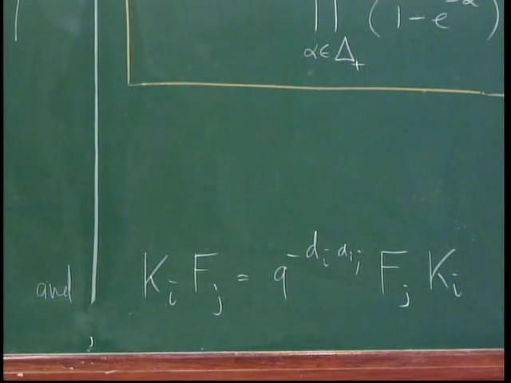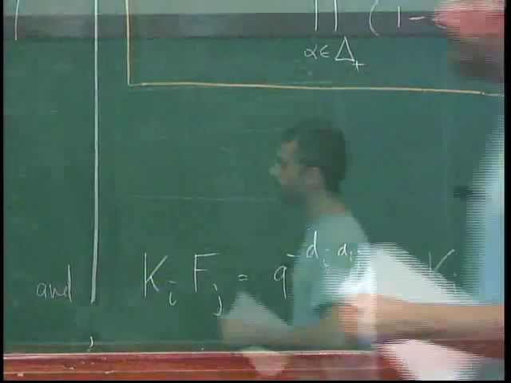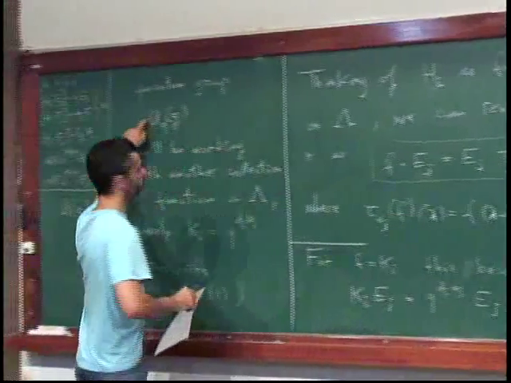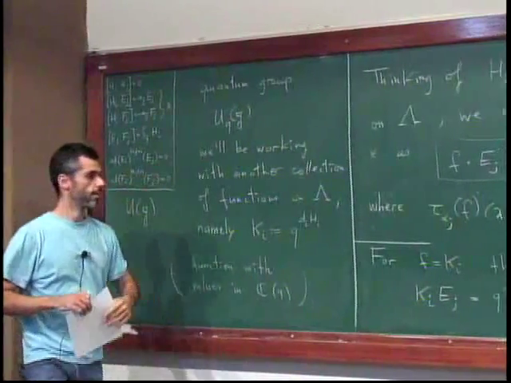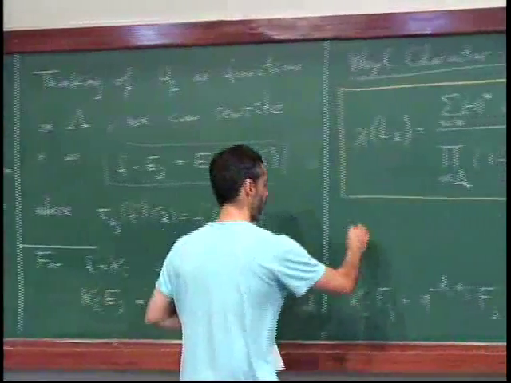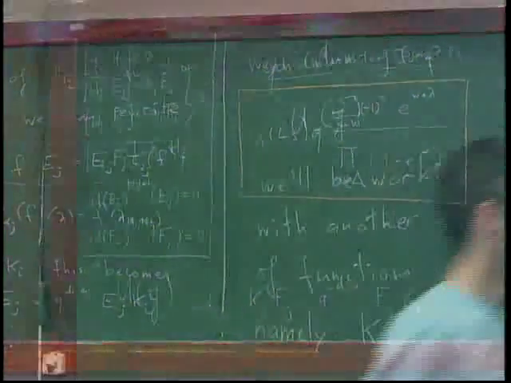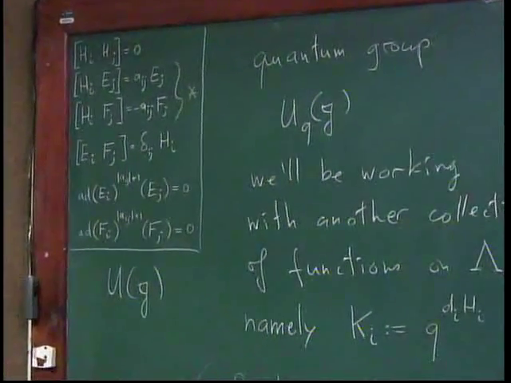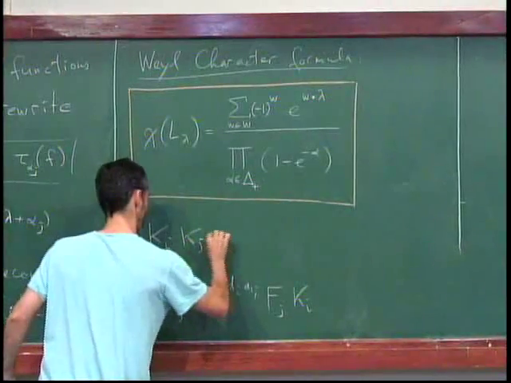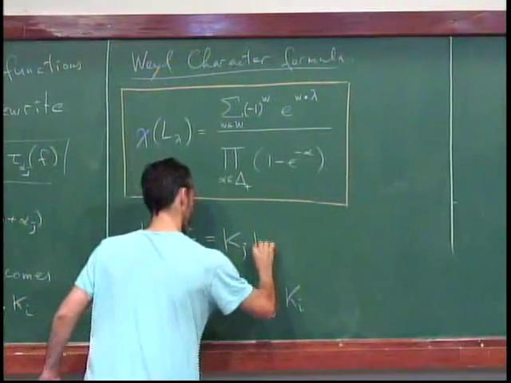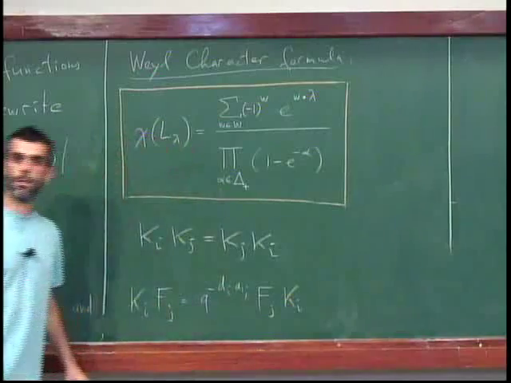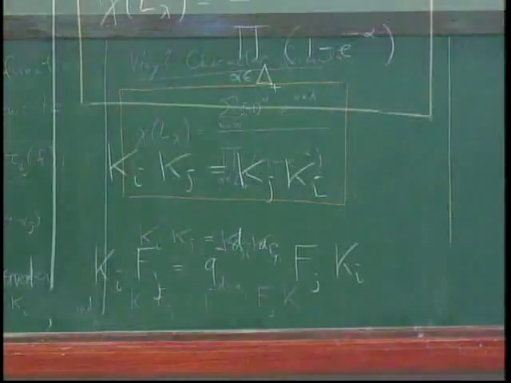Okay, so I'm slowly writing down the relations that are used for the definition of this. Let me write the relations that correspond to this very first one. That is K_i K_j equals K_j K_i. That's not very surprising. You want these functions to commute with each other.